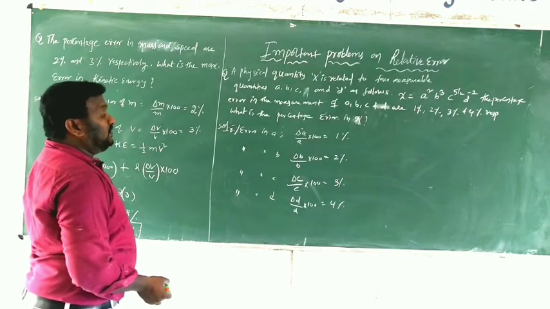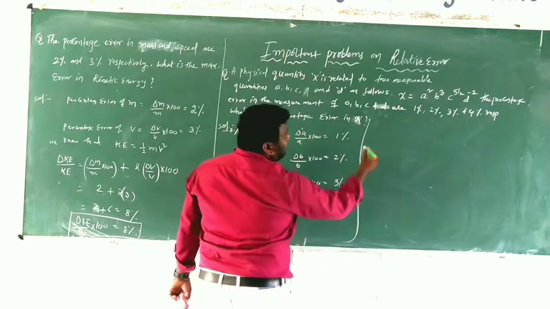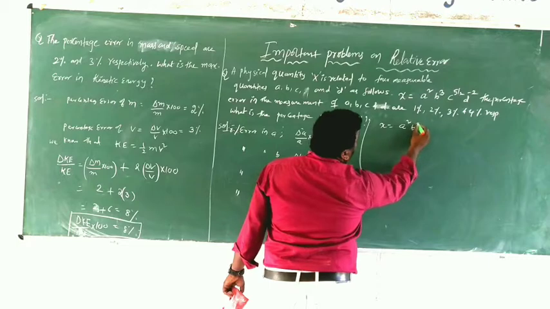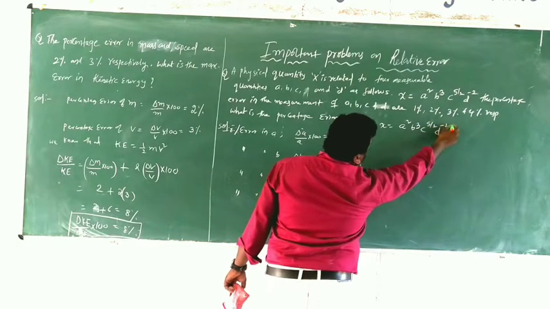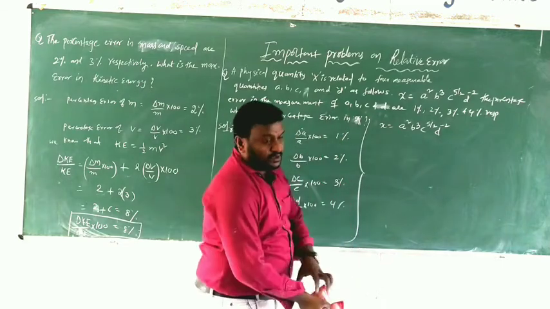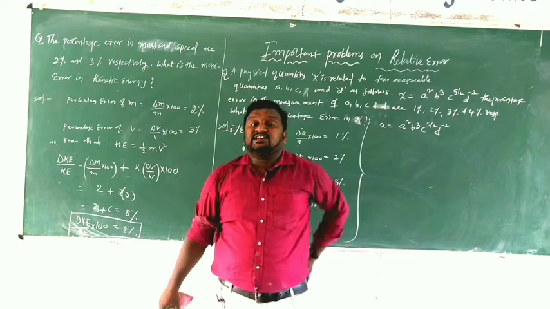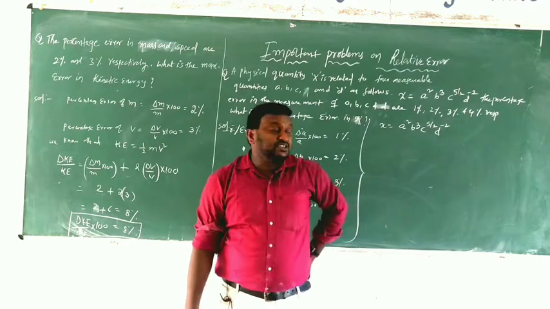Now I am going to the relation. X is equal to A square, B cube, C to the power of 5 by 2 and D to the power of minus 2. Clear? I explained the rules for the combination of errors in the case of multiplication, division and coefficient.